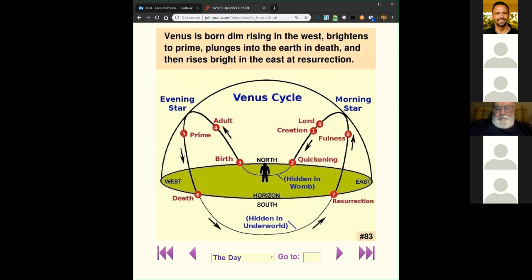So that journey there as evening star took one sacred round, about 9 months or 260 days. Then this shows a long circle from 6 to 7 in the underground, but that's really only a few days. And then it resurrects in the east, goes up to brightness at fullness, and goes into Lord and then creation. Lord and creation are only separated by 13 days.